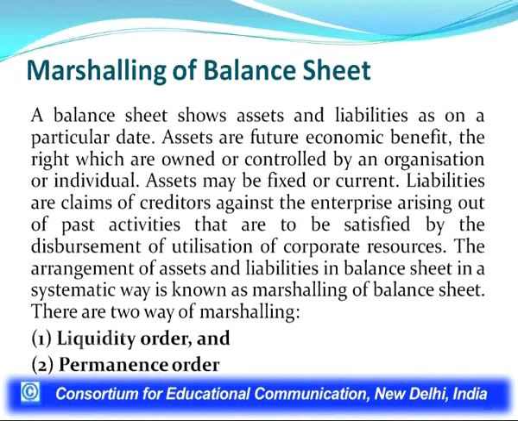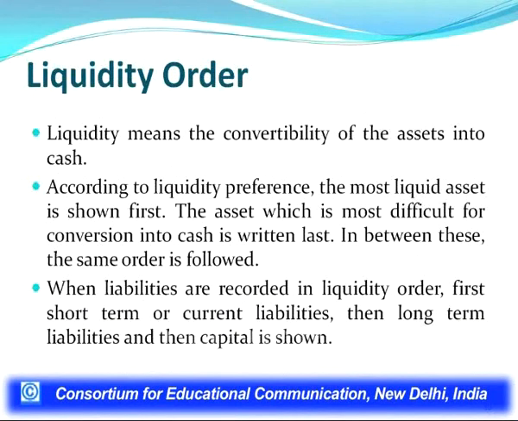In case of liquidity order, first we should know what is liquidity. Liquidity means the convertibility of assets into cash. How can an asset be converted into cash? If it can be easily converted, then it is considered a liquid asset. So, according to liquidity preference, the most liquid assets are shown first, and assets which are most difficult to convert into cash are written last.